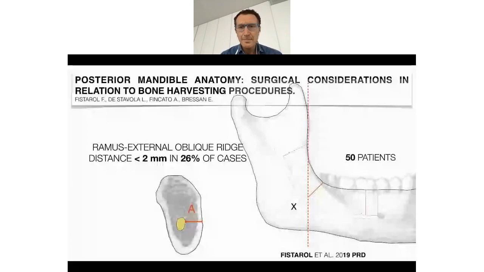And in the border between the external oblique ridge towards the ramus, there was 26% of the patients presenting less than 2 millimeters between the outside surface of the bone and the alveolar canal. It means high risk in terms of working position.